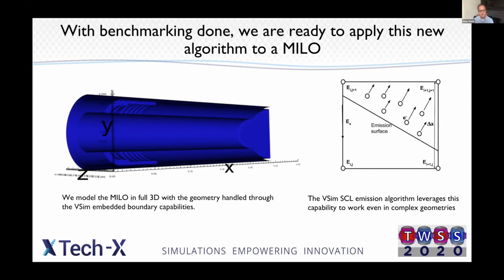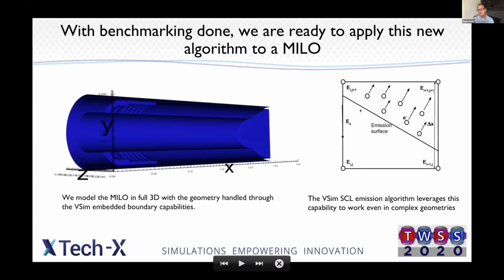It's got a lot of names, but here I called it an embedded boundary capability. So our grids in VSim look like rectangles, squares, but the boundaries themselves that we treat do not have to follow those squares. That's what we call an embedded boundary, complex geometry. It's got a lot of names.